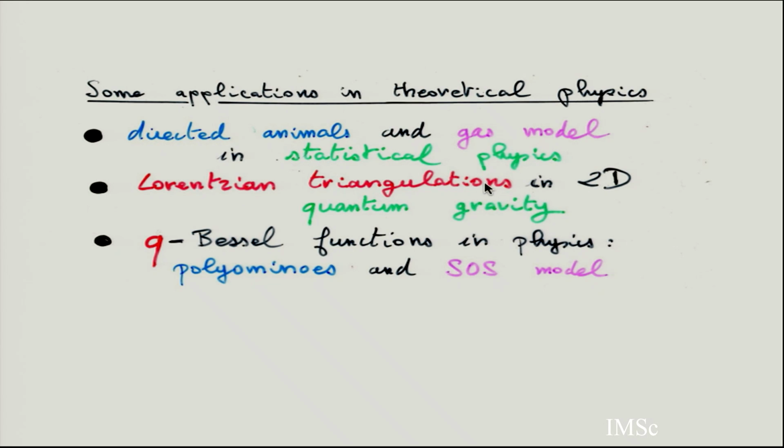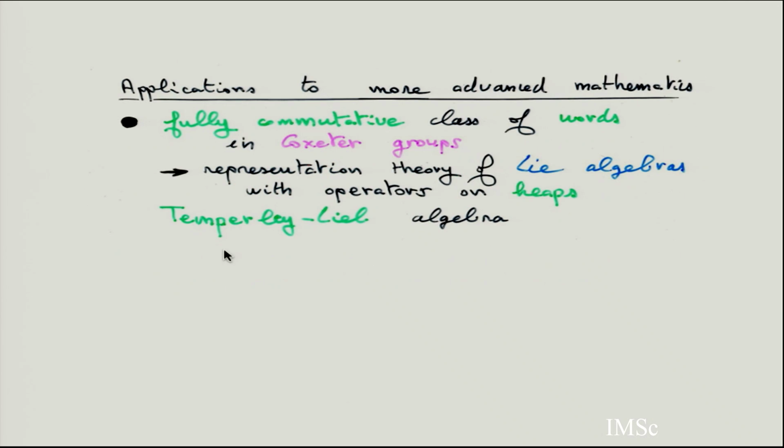Some physicists are working on this. This is a discretization of space-time, but in two dimensions only there is an explicit formula, in which the Catalan numbers appear, and it is explained very easily with a connection with heaps. Also, in some solid-on-solid models in physics, the enumeration of polyominoes by area, the q-Bessel function appears, and there is a very natural explanation of this with heaps of pieces.